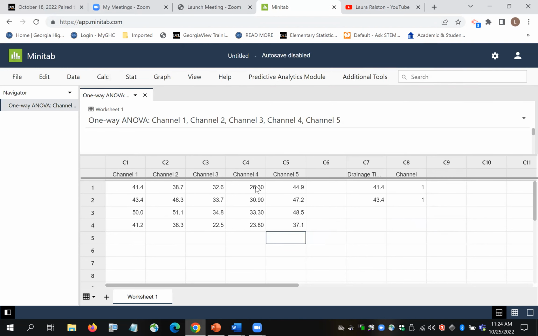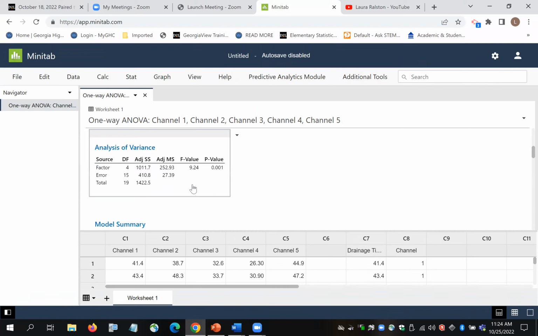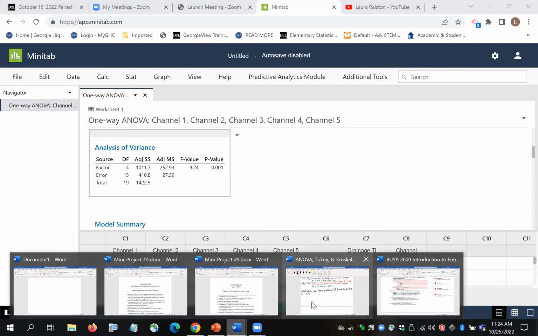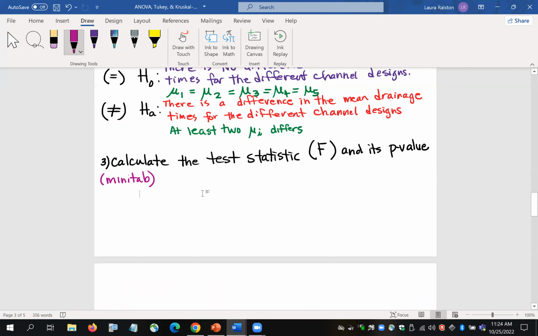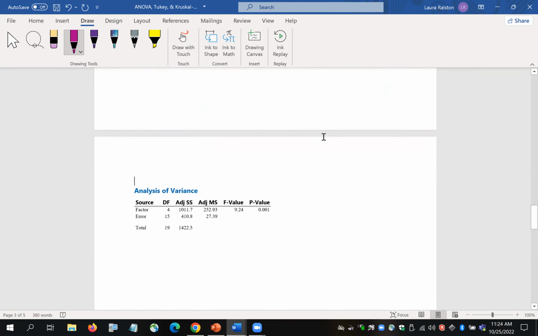Now remember, we get lots and lots of information here. We need initially the table or the information labeled analysis of variance. I'm going to copy it. Okay, from this table that we get in Minitab, what we need is the F test statistic, the F value, and the corresponding P value.